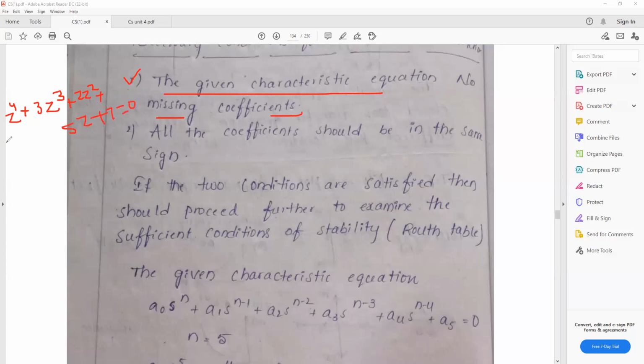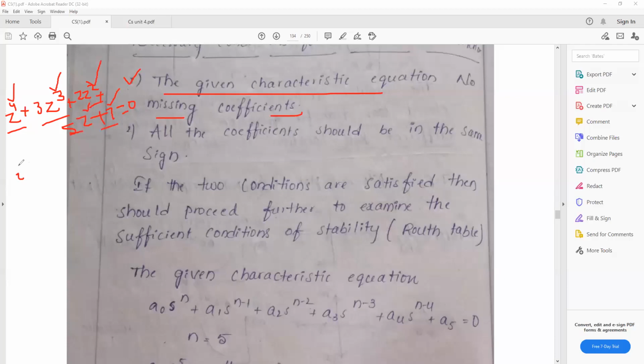We have to calculate whether this system is stable or not, for example. So in this given characteristic equation, the first step is no missing coefficient. So the highest s power 4, then s power 3, next s square, next s power 1 and s power 0. So there is no missing coefficient in the given characteristic equation.